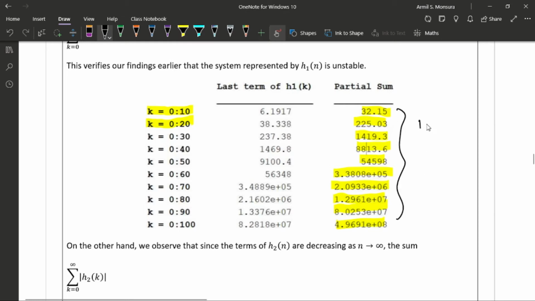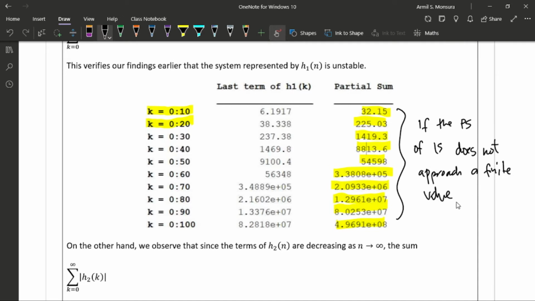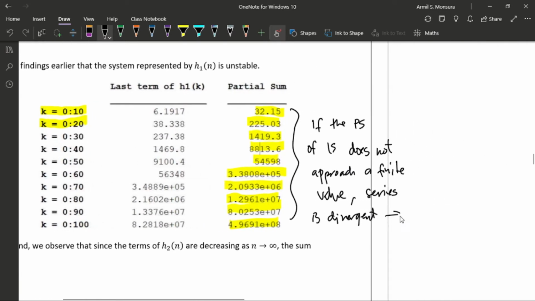And ang rule natin for infinite series is that if the partial sum of an infinite series does not approach a finite value, then the series is divergent. And if the series is divergent, it means that the sum of the terms of the sequence, as we increase the number of terms, is approaching infinity.